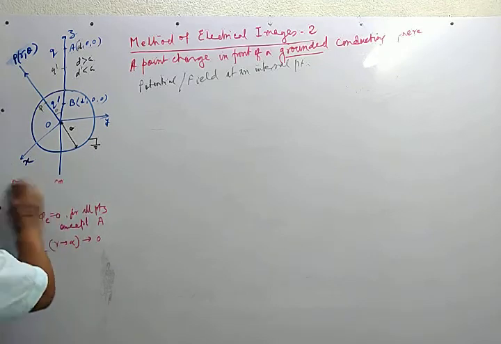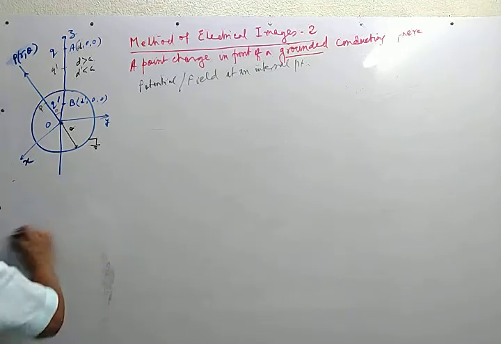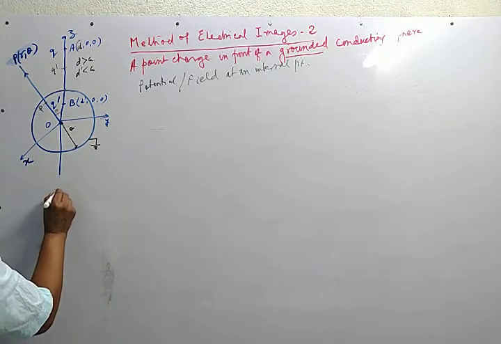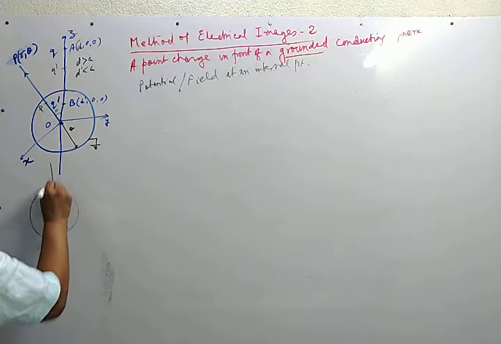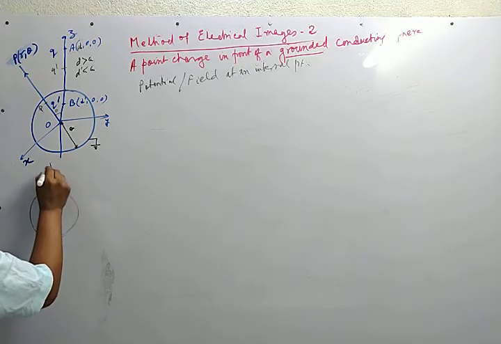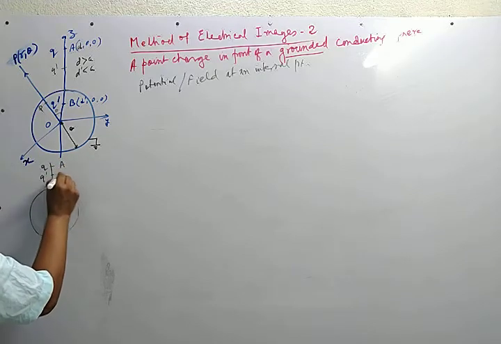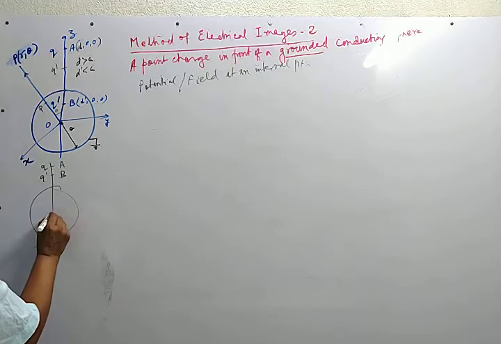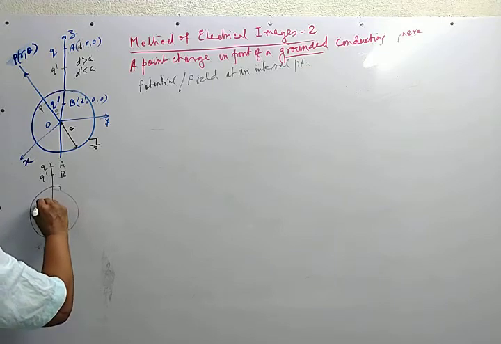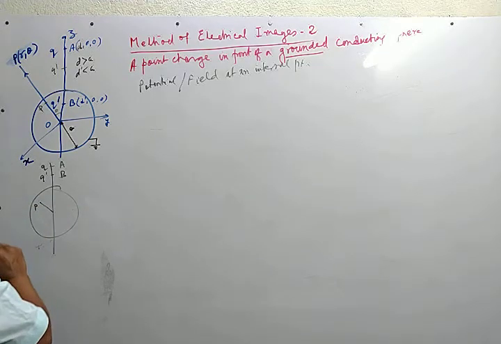The boundary condition will be the same. The situation is simply like this. This is Q, the inducing charge, located at A. This is Q prime, and the point of observation is over here, and other things will remain the same.